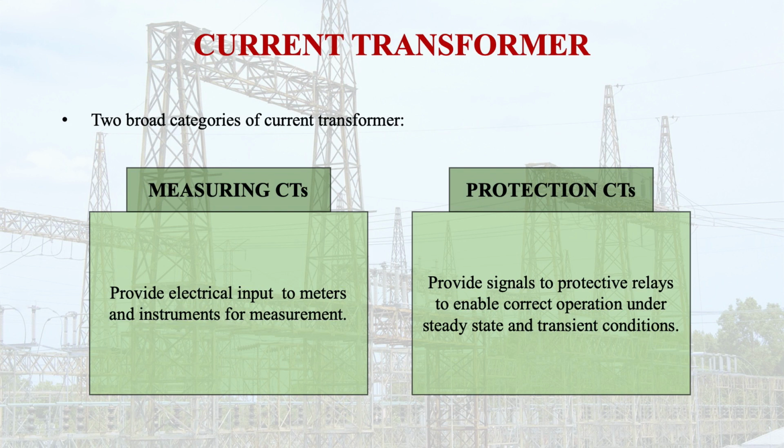Then the CTs can be used as protection CTs, that means protecting the equipment. These protection CTs provide signals to the protective relays, as on the secondary side we connect the protective relay, to enable correct operation under steady state and transient conditions.